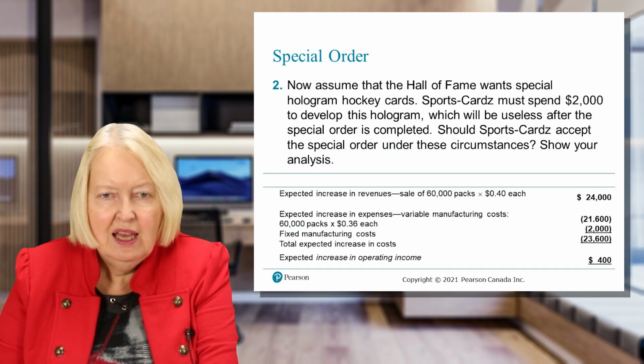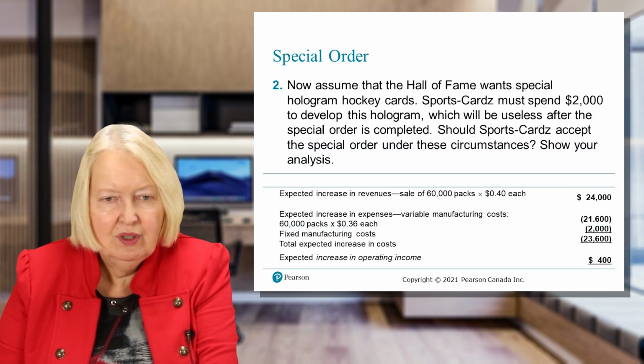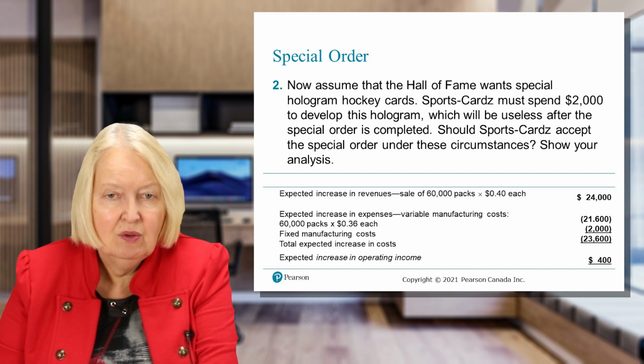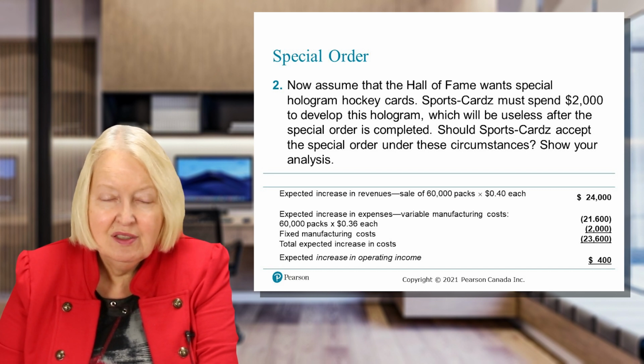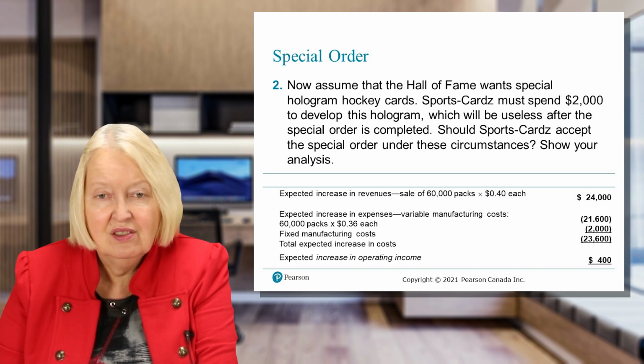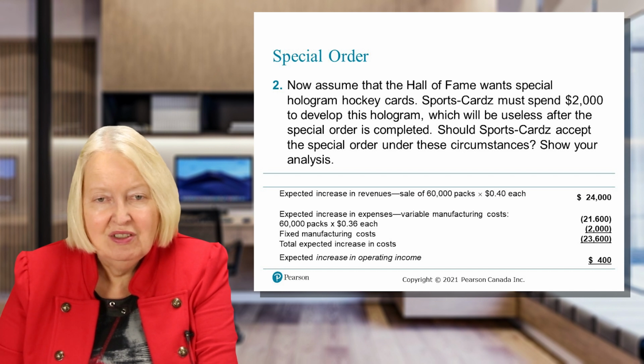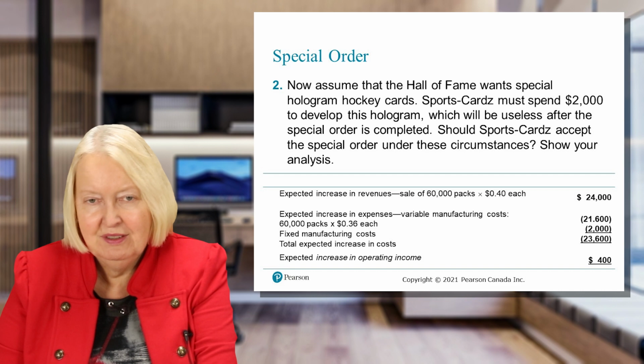But sometimes the special order may actually require a small investment in some fixed manufacturing costs. So in this particular example, they're going to have to increase their fixed costs by 2,000. So that really limits the profitability here. So the increase in operating income now would only be $400. So, do you want to take all those risks for $400? Probably not.